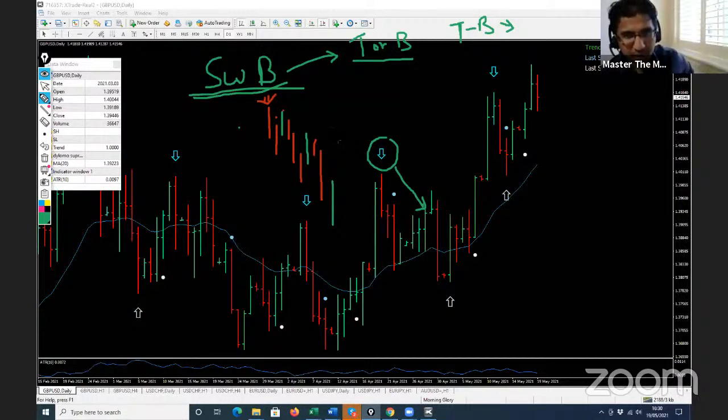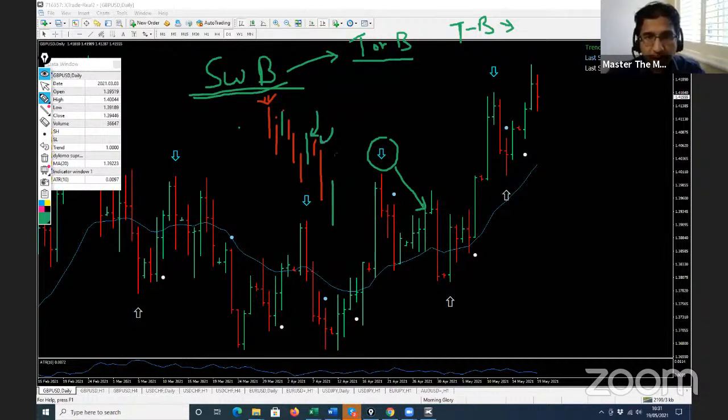The swing bar can only be the lowest or the highest part of a move. Has it got to be the lowest, the middle or the top? As some of you have already got it right, it's got to be the lowest point of the entire move. So this cannot be the lowest point of the entire move.